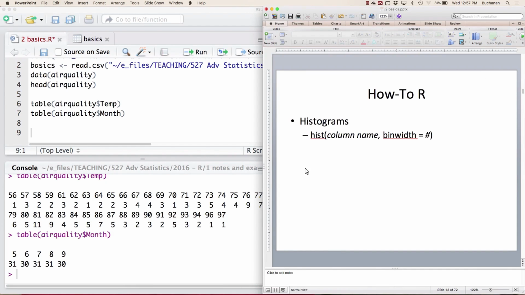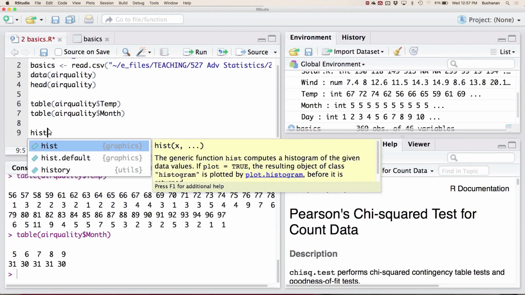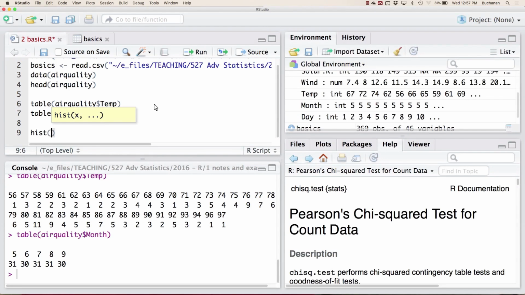So there are several ways to make histograms. This is the simplest. So we're just going to do hist. It's your column name. And this bin width thing allows you to control how wide the bars are on the histogram. So we're going to try a couple different numbers here. So it's just hist, for histogram.